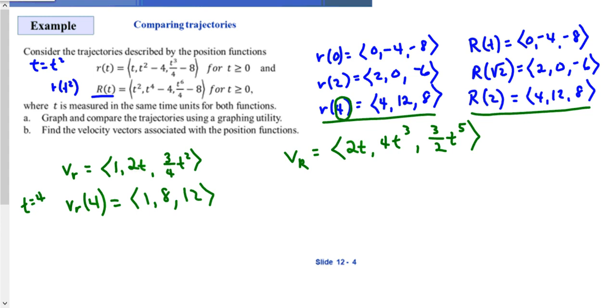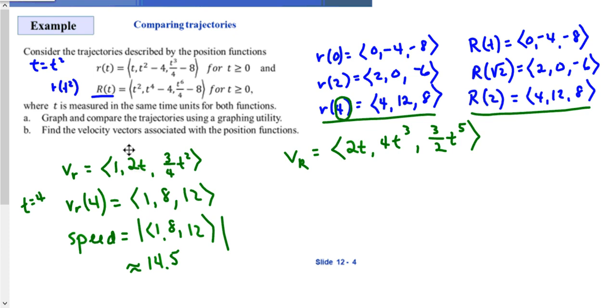If you actually want to get the speed there, that's the velocity. The speed's the magnitude of that, which is approximately 14.5. Okay, so that's the speed of that first object that's moving along according to r of t.